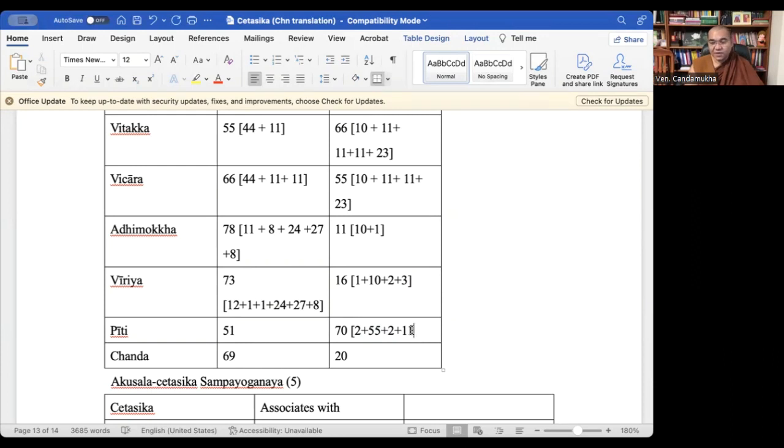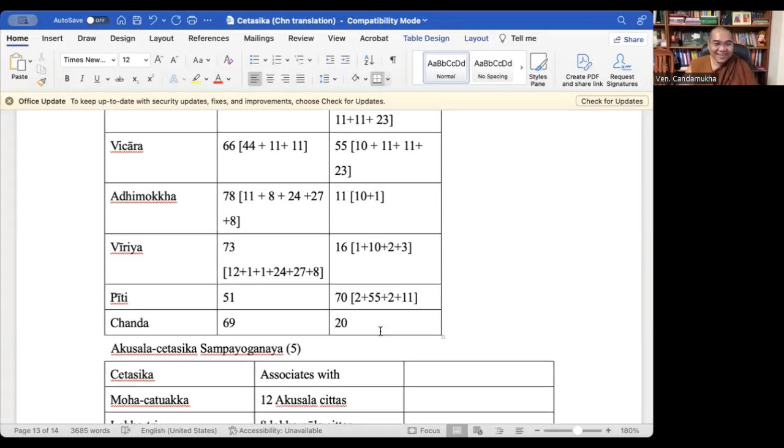If PD is there, we cannot make any progress. We cannot reach the higher jhana, the fourth jhana level. That's why after the attainment of the third jhana, we have to abandon PD. PD becomes an obstacle at that time. That's why in the fourth jhana, PD is abandoned by means of spiritual development.